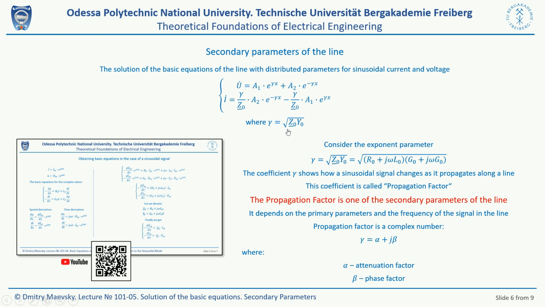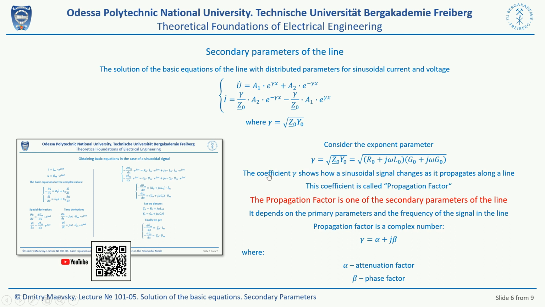We said that gamma is equal to the square root of the product of Z0 and Y0. From the last lecture, we already know what Z0 and Y0 are. You can see the corresponding slide of the last lecture here.